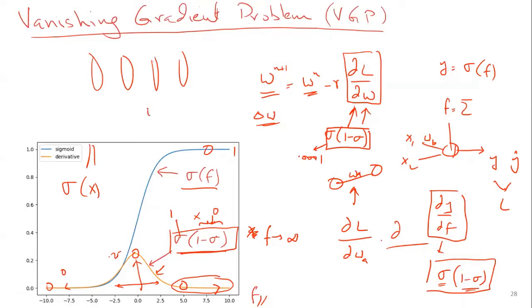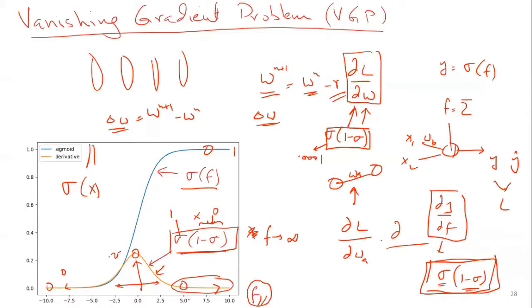Delta W is Wn plus 1 minus Wn, the amount that you're changing W by. That's going to be equal to the learning rate multiplied by the slope. Now the slope has a term in it, sigma times 1 minus sigma, which is going to become really small if f is large.